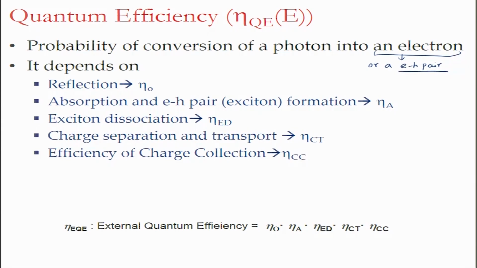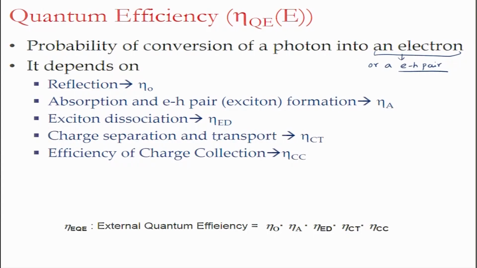So it depends upon various factors. The first factor it depends upon is reflection, and efficiency of reflection is depicted as eta O. It also depends upon absorption and electron hole pair or exciton formation. Efficiency of that is eta A, that is absorption and formation. Exciton dissociation, once the exciton forms it has to dissociate, and the efficiency corresponding to that is eta ED.